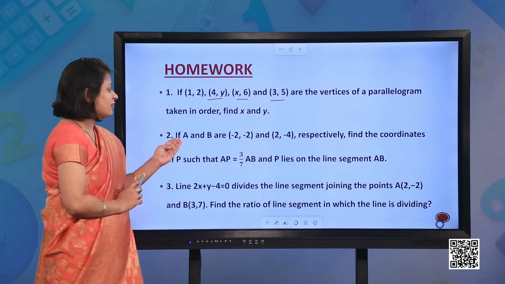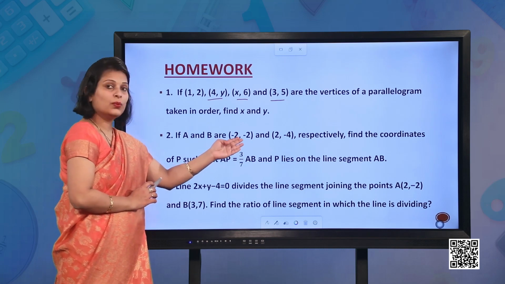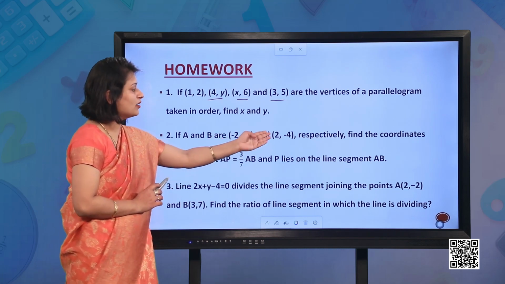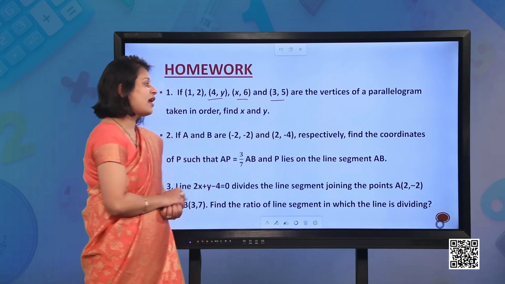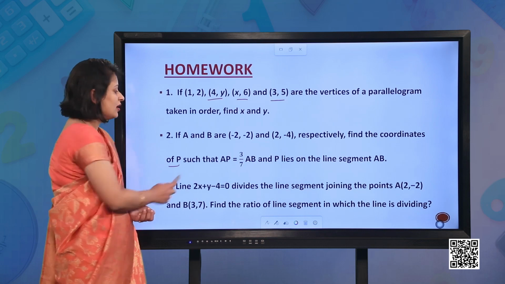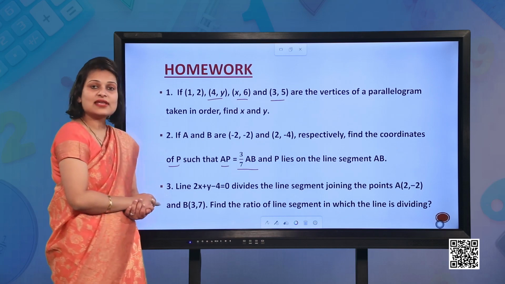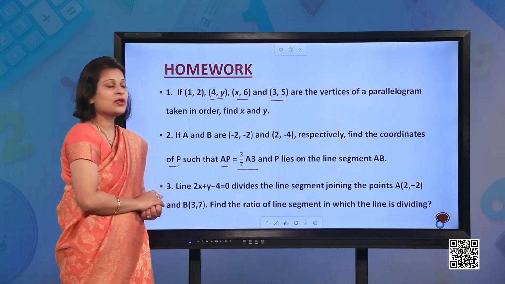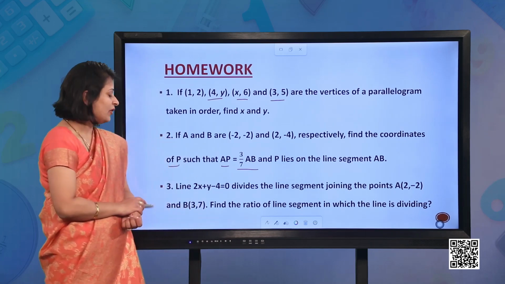Second, if A and B are (-2, -2) and (2, -4) respectively, find the coordinates of P such that AP is equal to 3/7 of AB and P lies on the line segment AB.